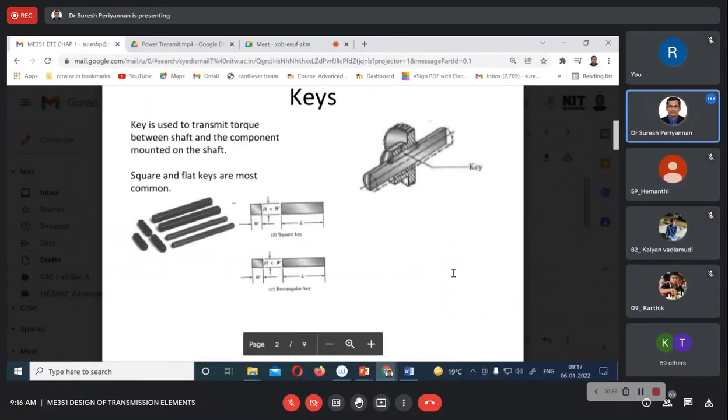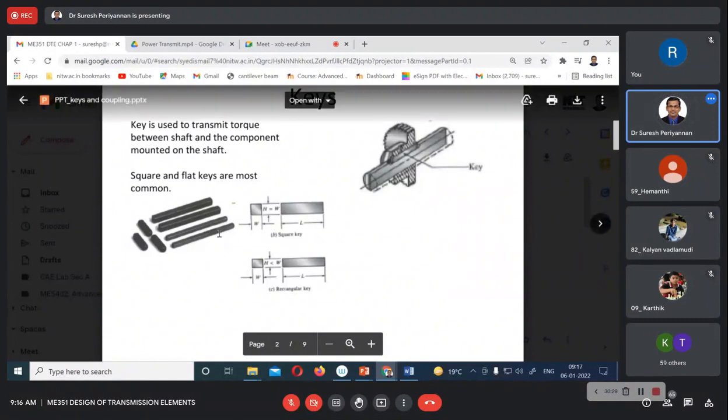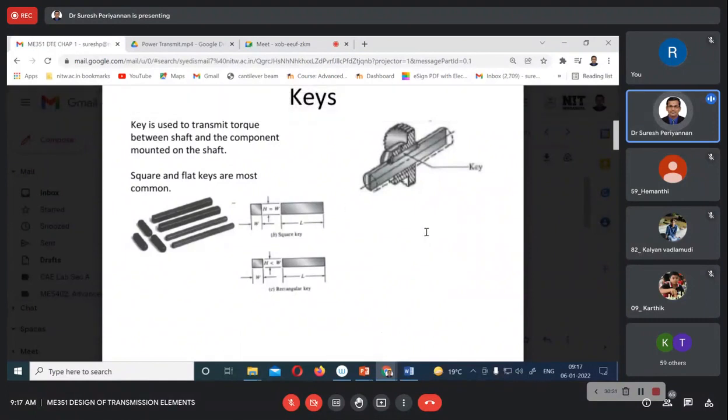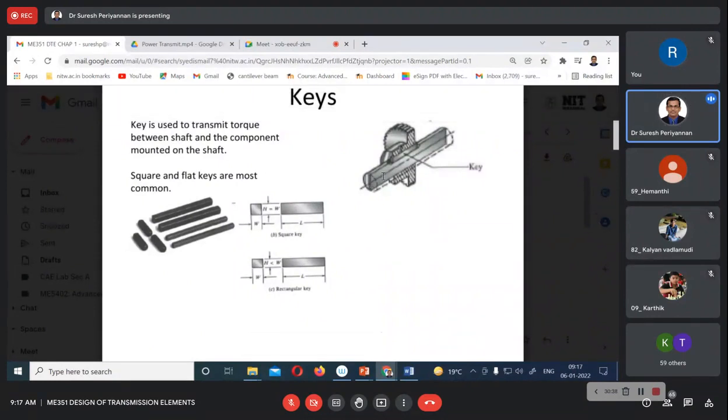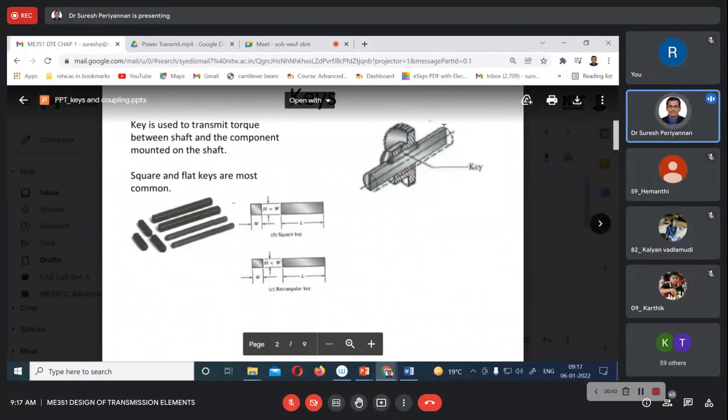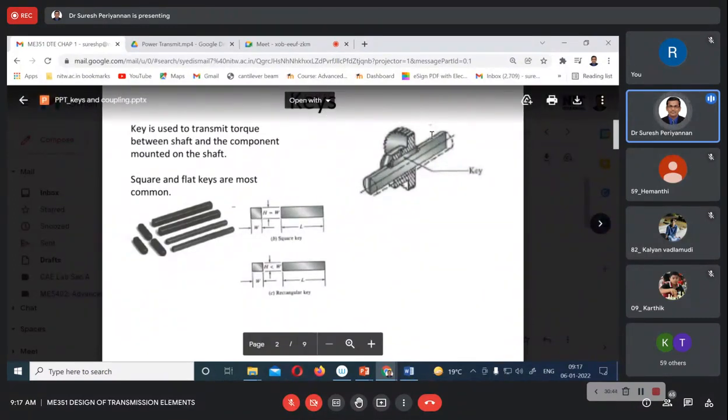This is the key, see here, and how it will be connected. See, this is our gear, this is our shaft and the key. With the help of the key, this is how the gear is connected.